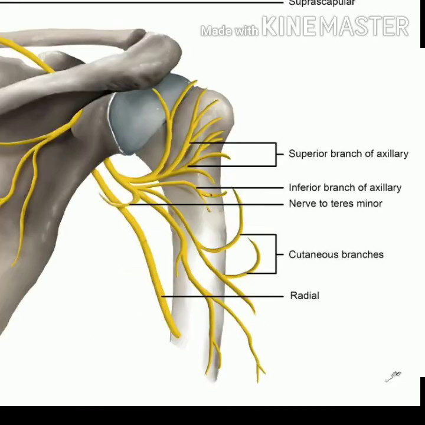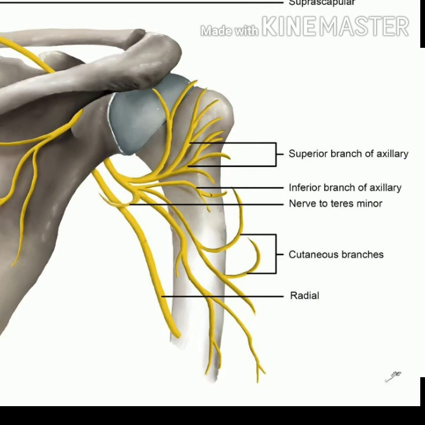Now you can see in the picture that it is getting divided. In the quadrangular space the nerve divides into anterior and posterior branches. The anterior branch winds around the surgical neck of the humerus, deep to the deltoid, and supplies the deltoid and the skin over the antero-inferior part.